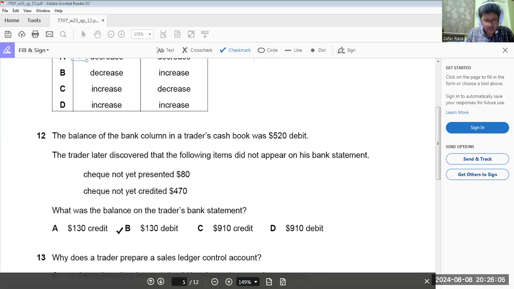Okay. So 130 is a positive amount, so it means it should be credited. When we have amount available in bank, our cash book shows debit balance and our bank statement shows credit balance.